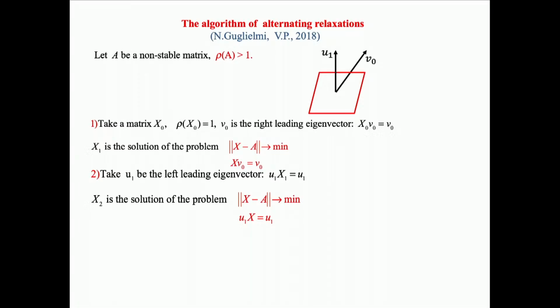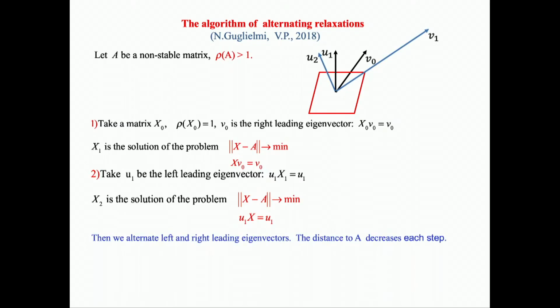And we optimize over all matrices that have the same invariant hyperplane, which means the fixed left eigenvector. And then we alternate left and right, until, who knows, if we have some convergence.